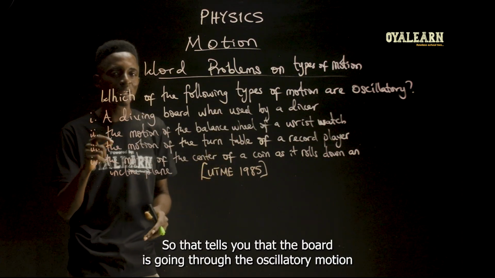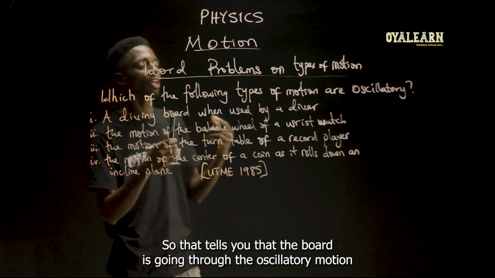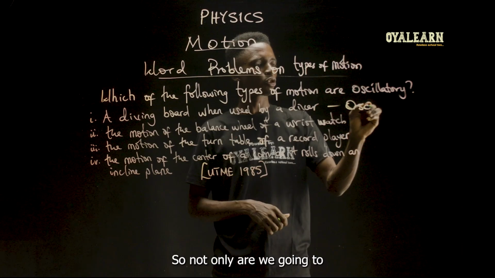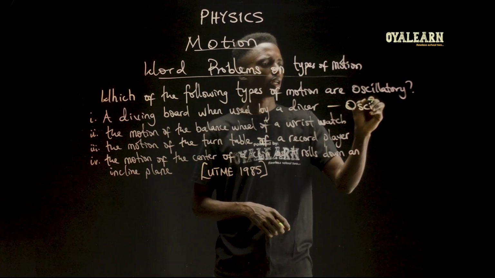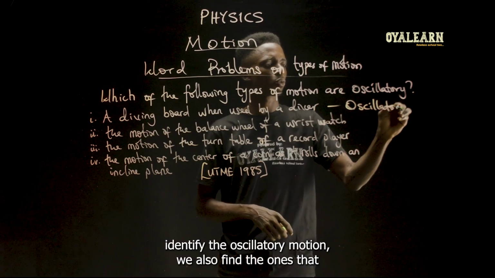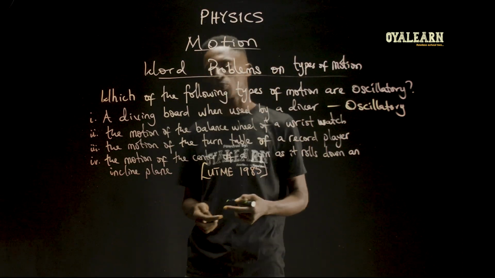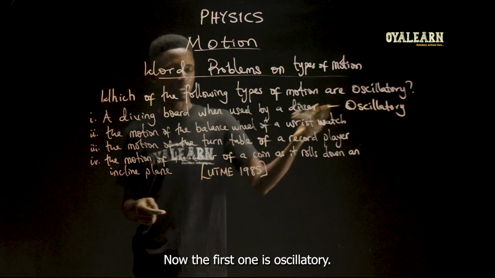So that tells you that the board is going through oscillatory motion. So not only are we going to identify the oscillatory motions, we'll also find the ones that aren't oscillatory and name the motion that they undergo. The first one here is oscillatory.